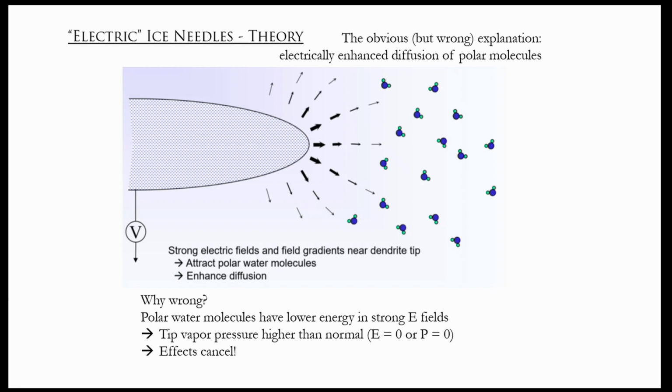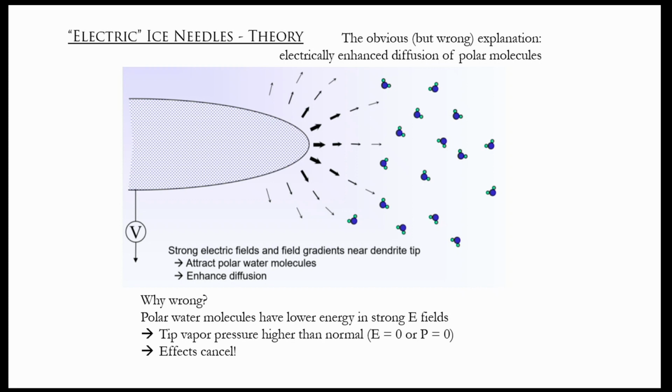So the obvious but wrong way is you have an electrically enhanced diffusion. These polar molecules are going to be attracted to that tip because of the high electric fields. Okay, so the fields and the field gradients are there. They're going to pull those molecules in, and that's a real effect, but it doesn't change the growth. And so that's not right. And why? It's because these molecules will be attracted to that high field because they're polar, and so they'll lower their energy if they can get to that point.